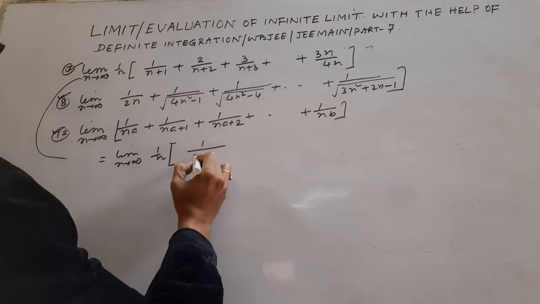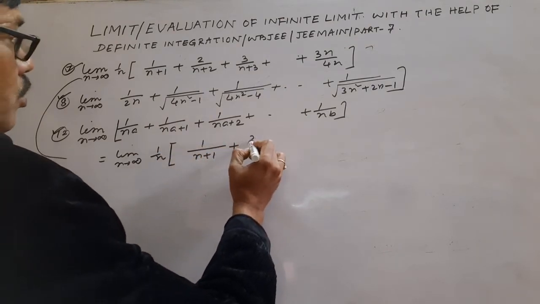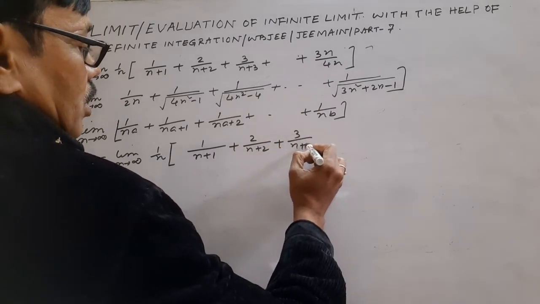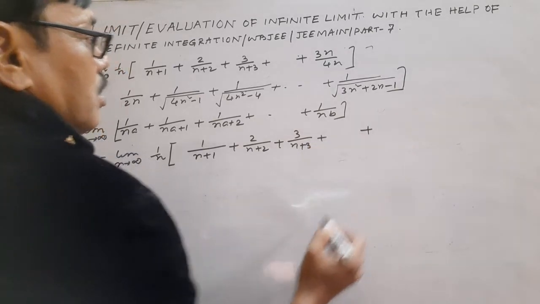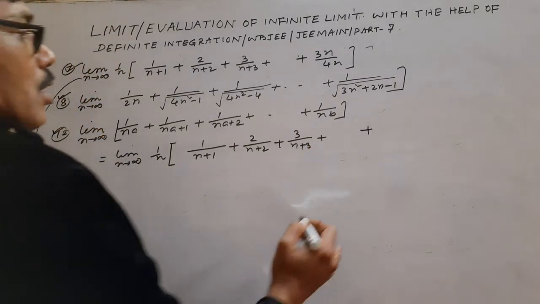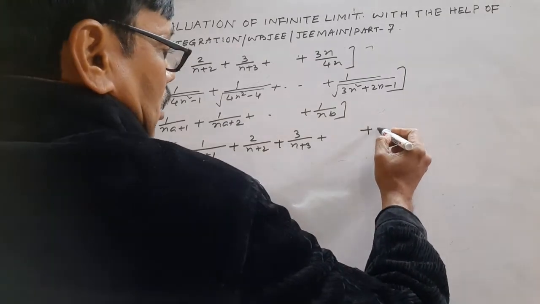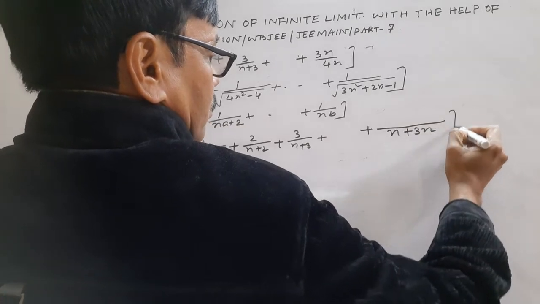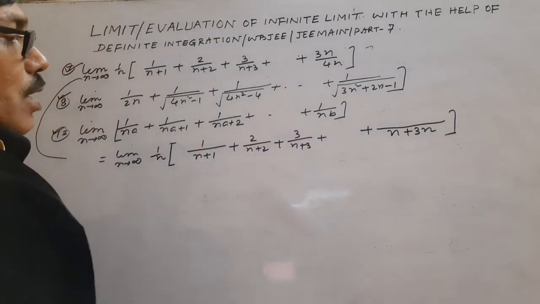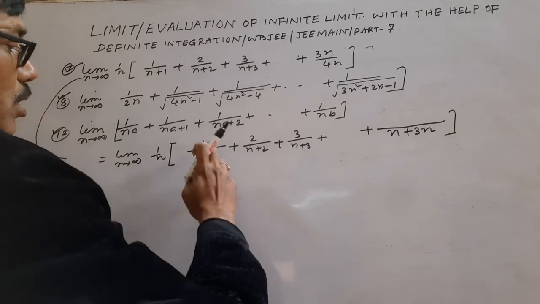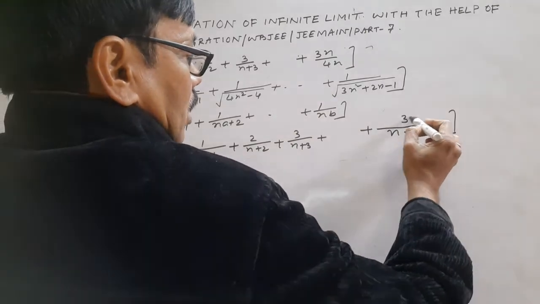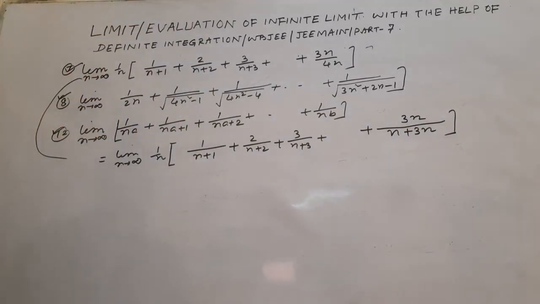So we can write it as 1 by n plus 1, 2 by n plus 2, 3 by n plus 3, up to 3n by n plus 3n. So meaning is same.